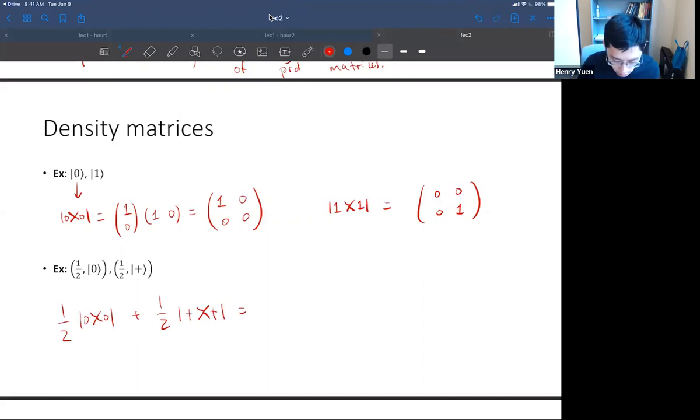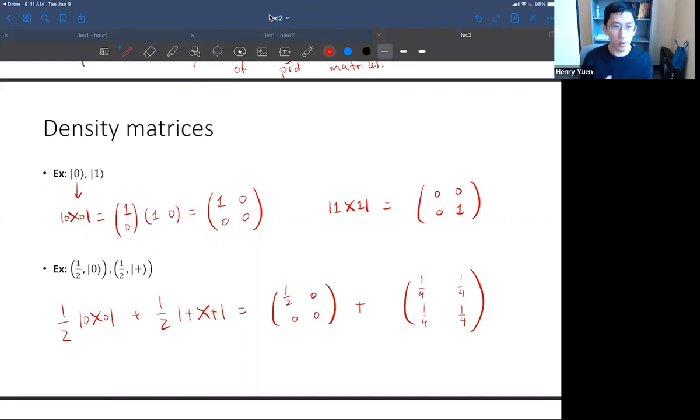We already saw what the first term looks like, and if you work out what the plus state corresponds to and sum up the two matrices, you get 3/4, 1/4, 1/4, 1/4.